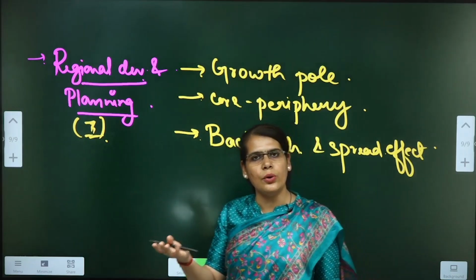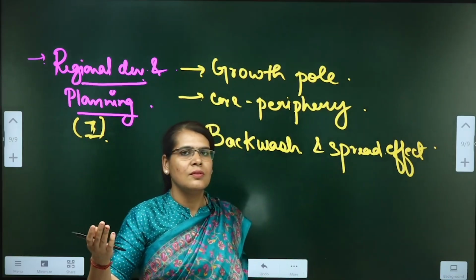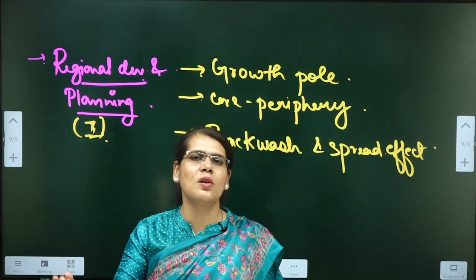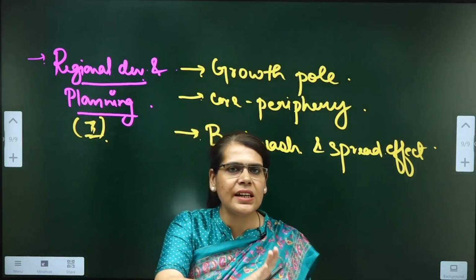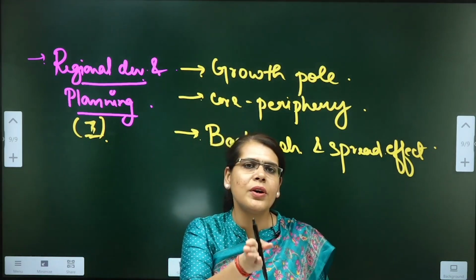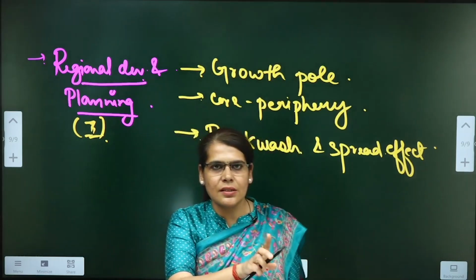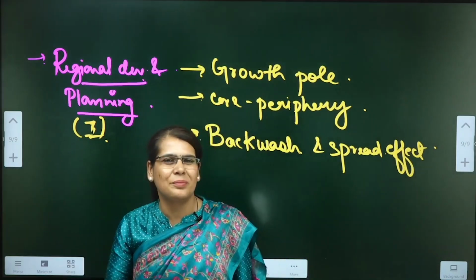That is, now you know the ideas of backwash and spread effect, which you don't know today, but you will eventually learn in your geography optional foundation classes. Now you will be able to interlink them with the concepts of paper 2. That is, how because of backwash, there can be resultant backwardness and lack of regional development and planning.